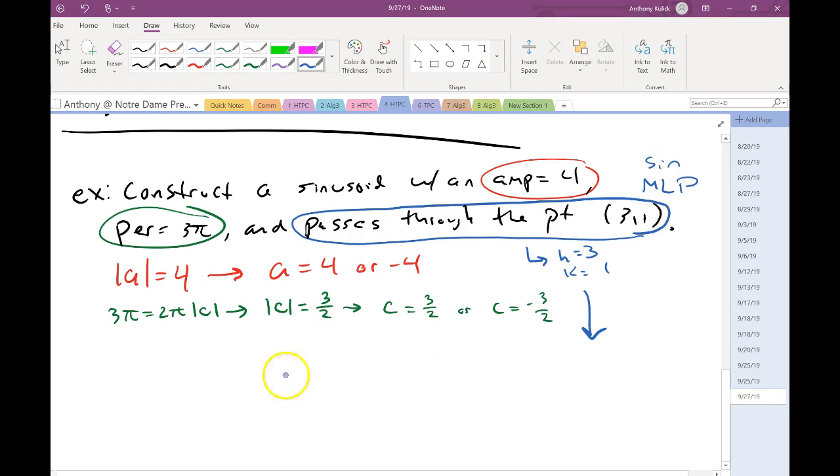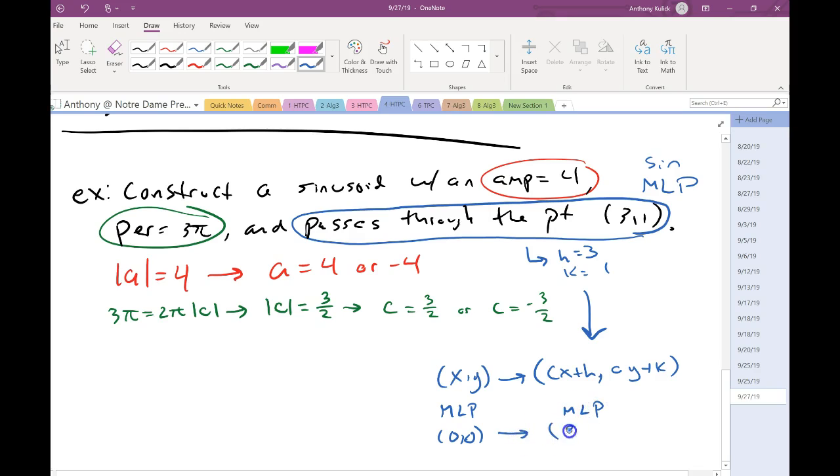So I know that we have this transformation map that I can use to connect the parent function to any transformed version of that function. So for sine, I can take the midline point (0, 0) and map it to some other midline point. In this case, it's (3, 1).